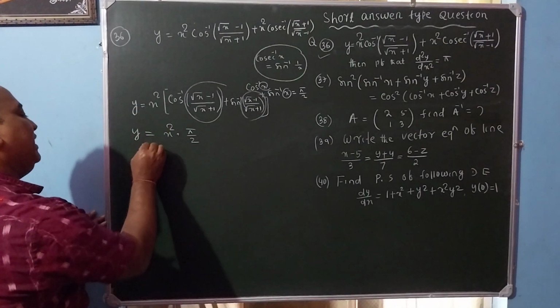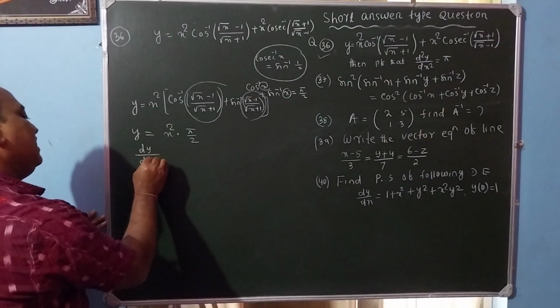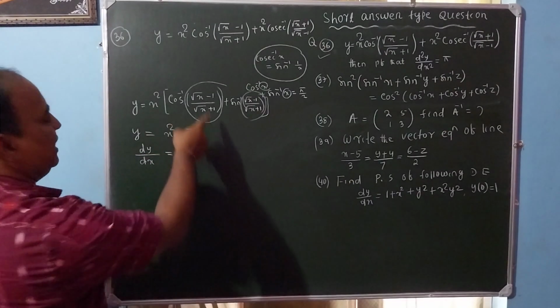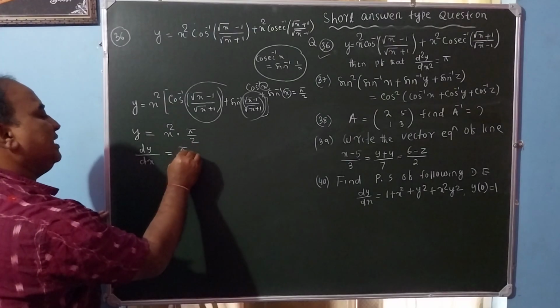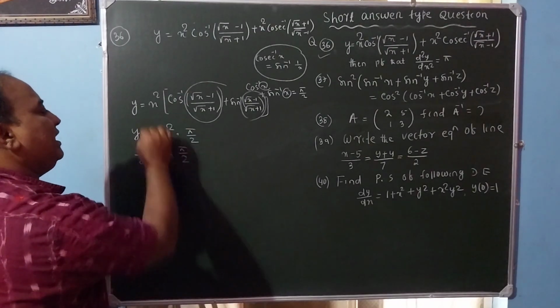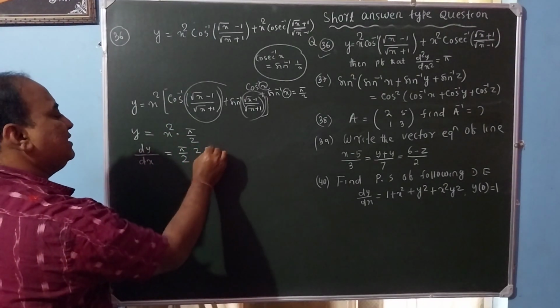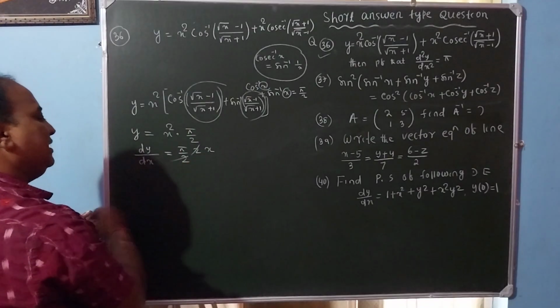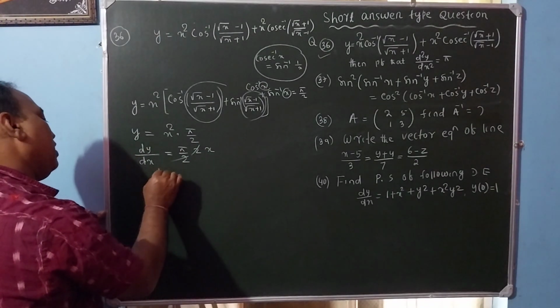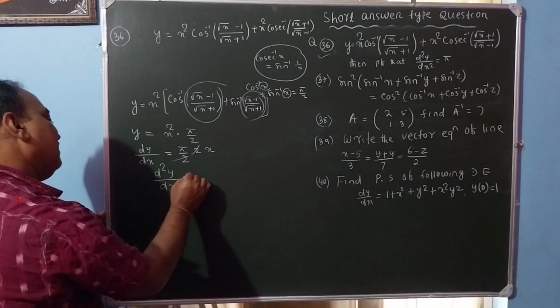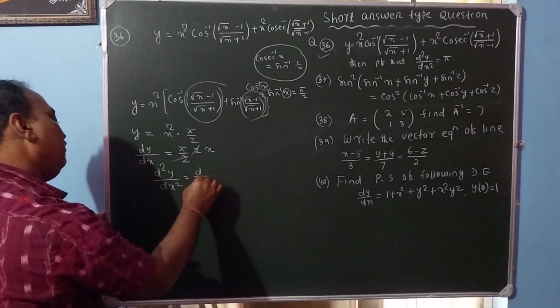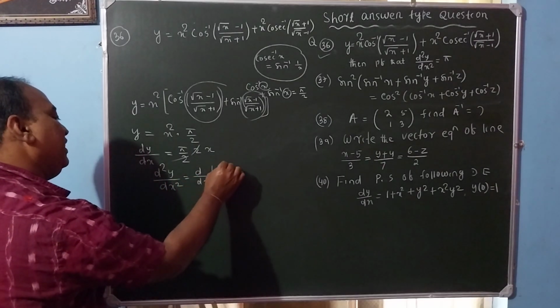Now dy by dx means derivative with respect to x. Pi by 2 is a constant that is coming outside. Derivative of x square is 2x. So 2 cancelled. Now our aim is to find d square y by dx square, that means d by dx of dy by dx.